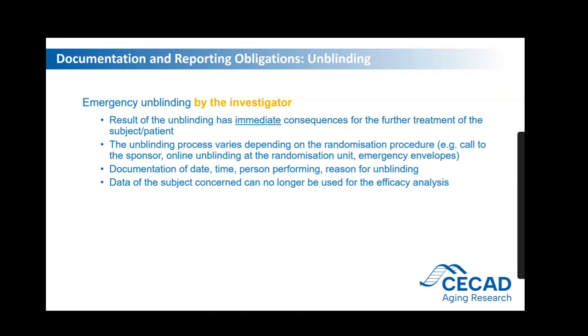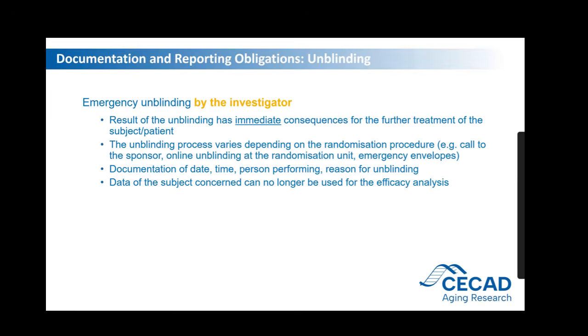The process you need to go through in order to unblind a person mainly depends on how the blinding has been done. So was it done online? Do you need emergency envelopes? But this all has to be planned quite in advance. So when you're planning a blinded trial, you have to focus very much on the unblinding procedures for emergency cases.